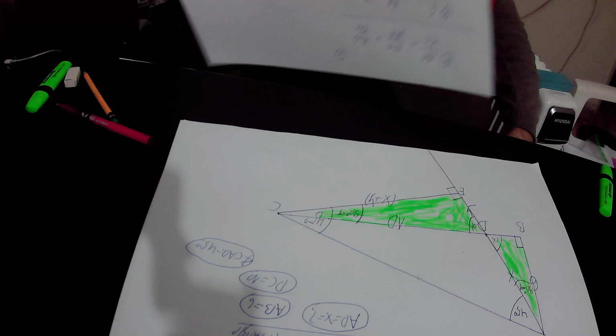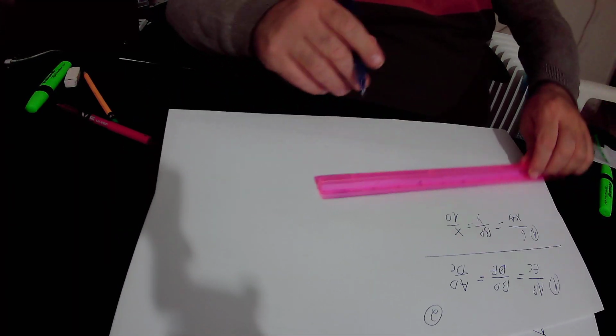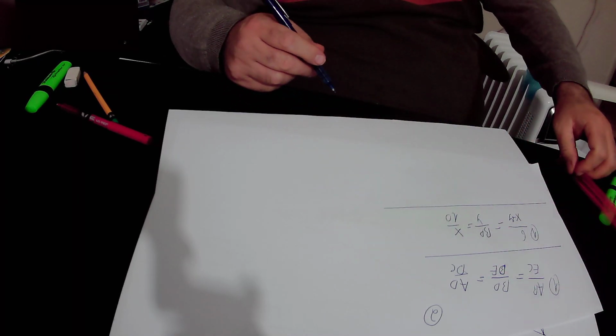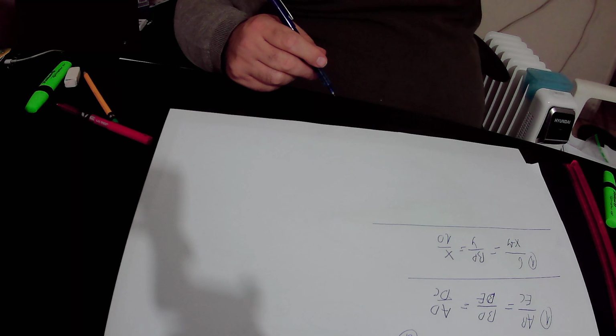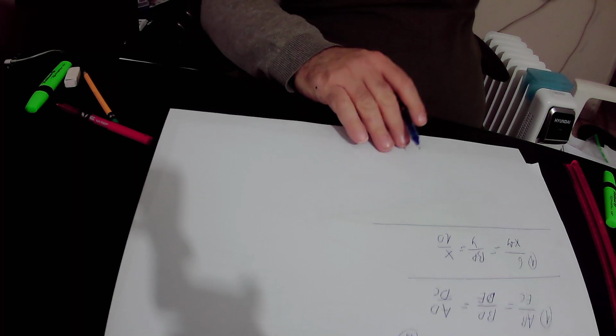So in conclusion, according to equation number 1, 6 over x plus y equals BD over y, that is equal to x over 10.